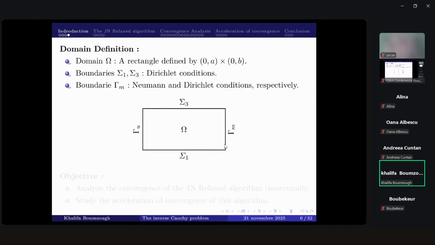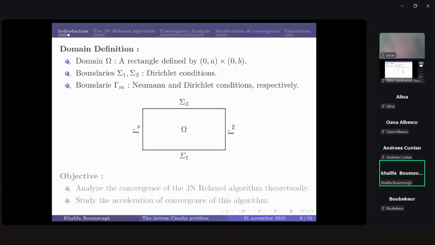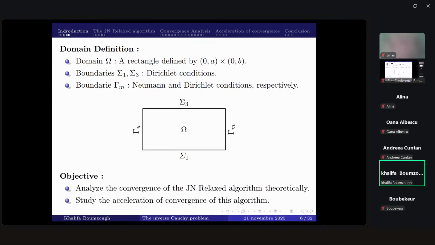Our objective is to reconstruct the solution everywhere, especially on the left boundary sigma u, where we have no data. Also, our objective is to analyze the convergence of the GN-relaxed algorithm theoretically and to study the acceleration of this convergence.